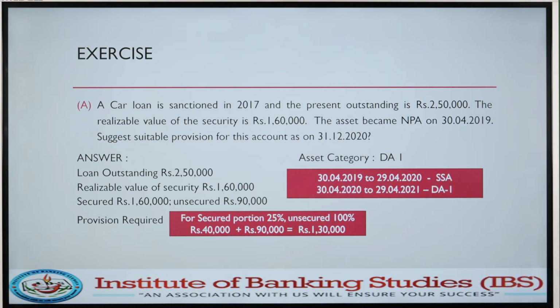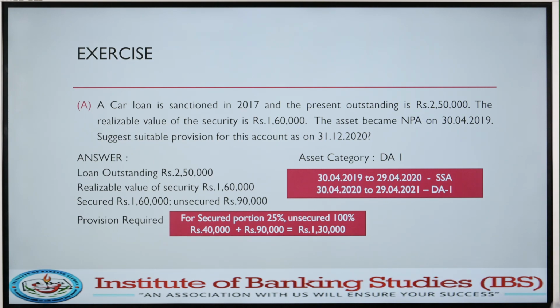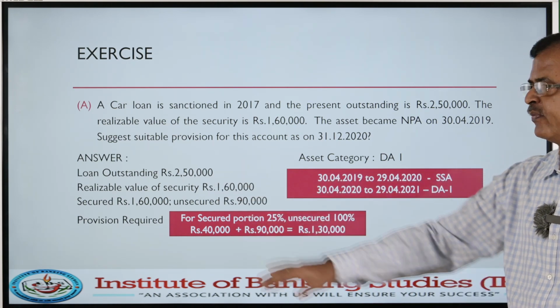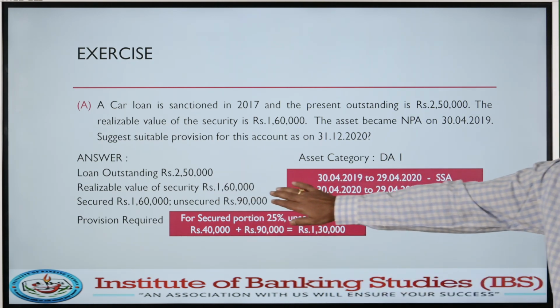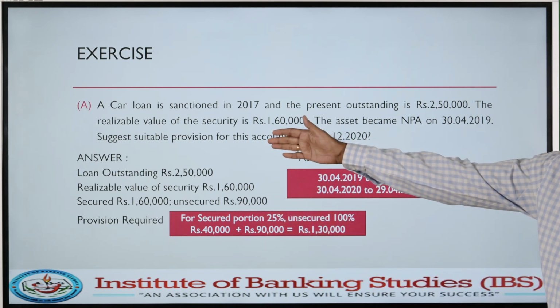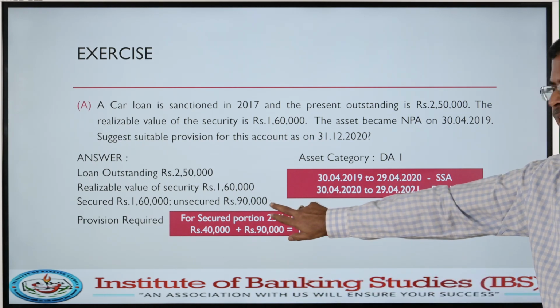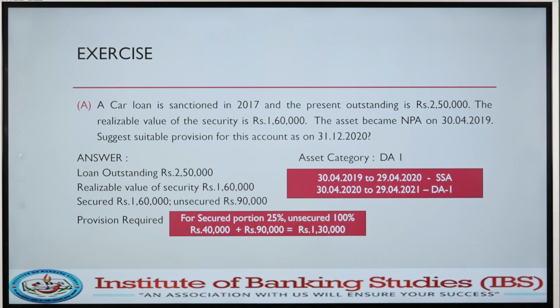If you calculate the provision based on the outstanding as on that particular date, the total outstanding stood at 2,50,000 and the realizable value of security is 1,60,000. So 2,50,000 minus 1,60,000 gives you the unsecured portion of 90,000.